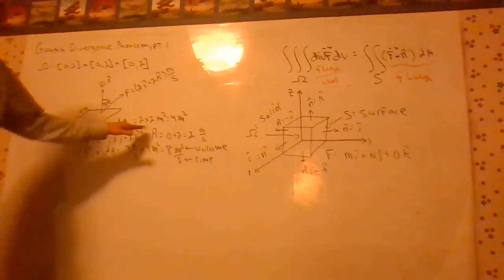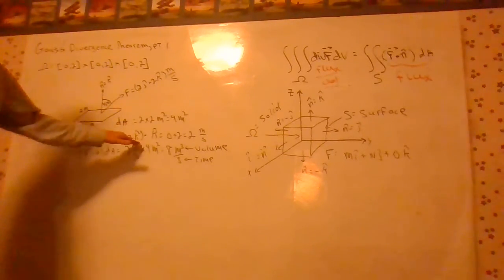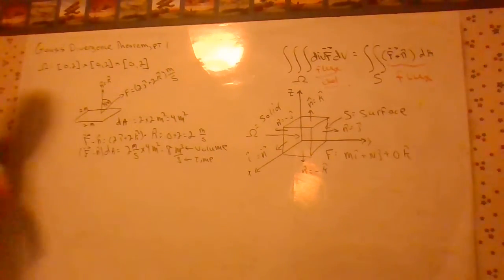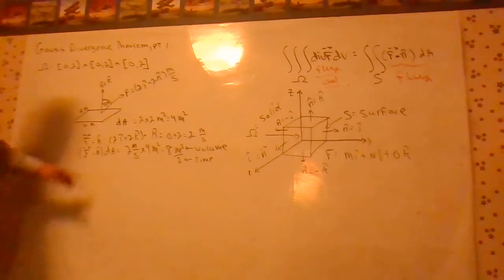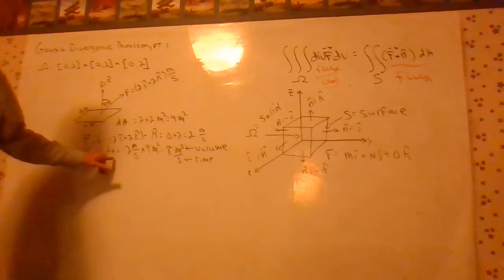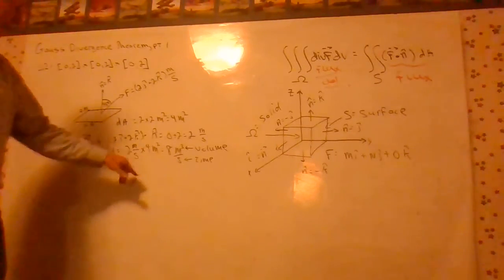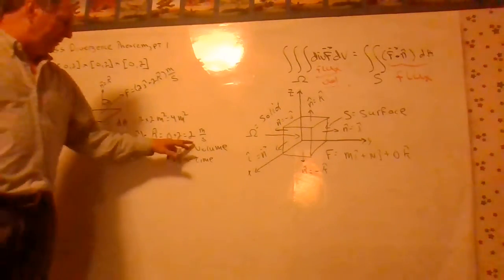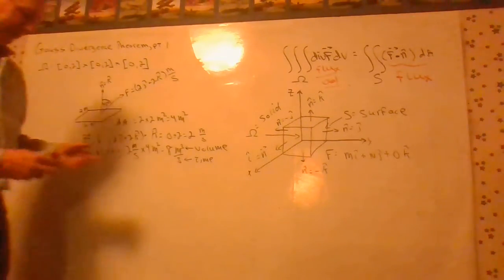And when you dot it on a vector, we retain these units, meters per second. Now, if you do f dot n dA, that's 2 meters per second times dA in square meters, and it gives you 8 cubic meters per second. That's volume per unit time, and that's a unit of flux.